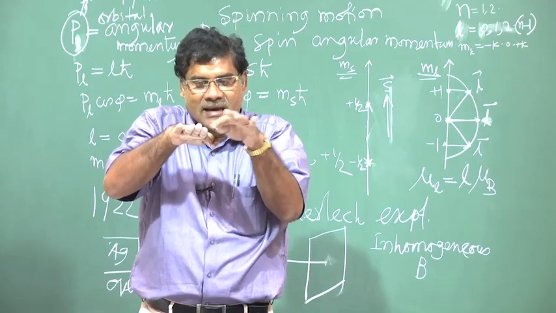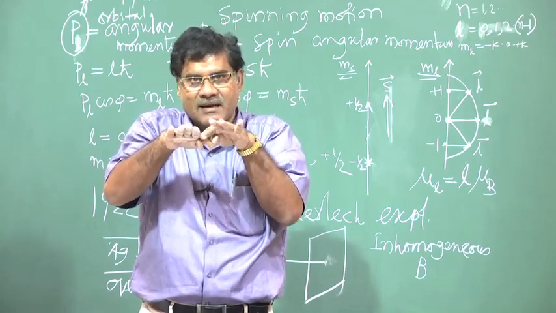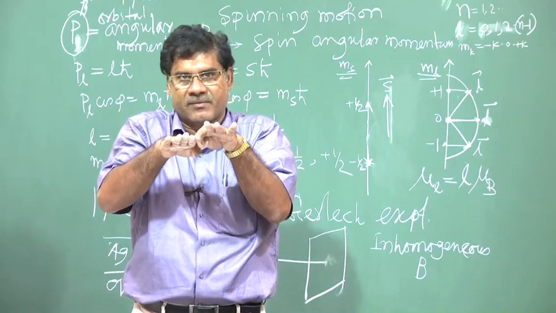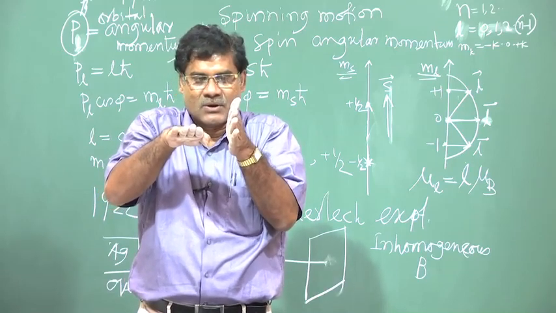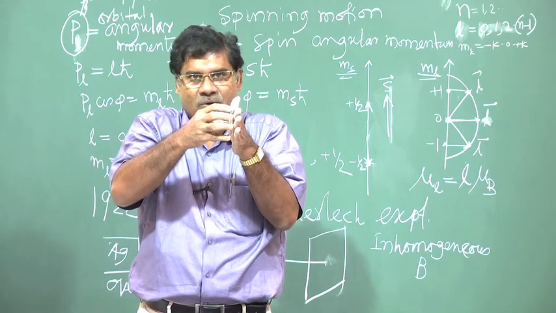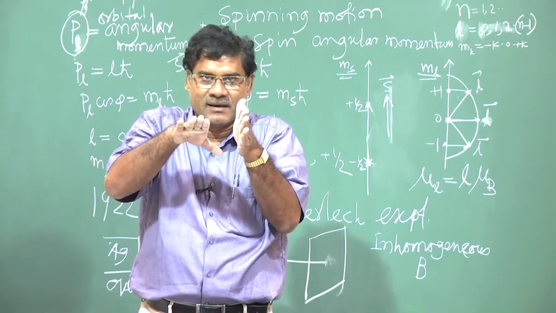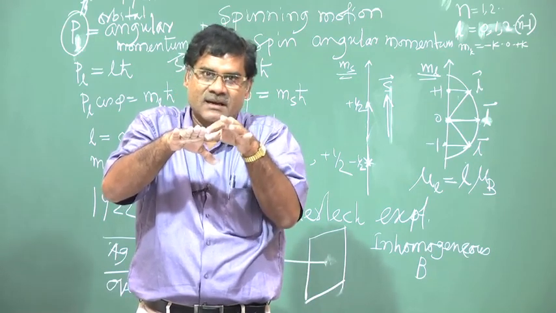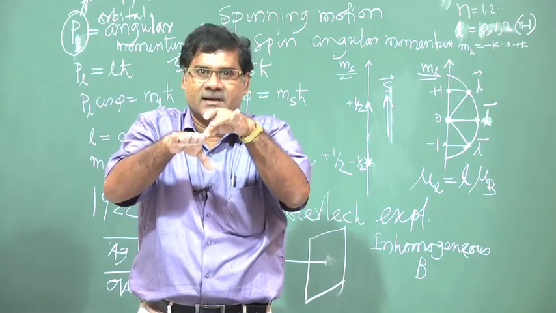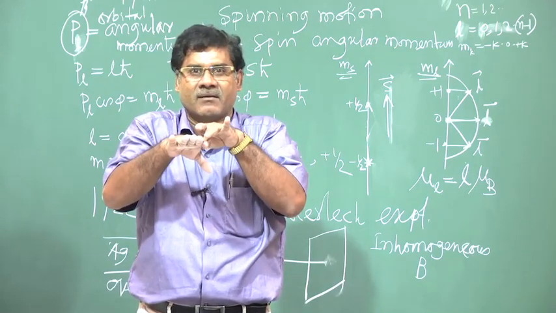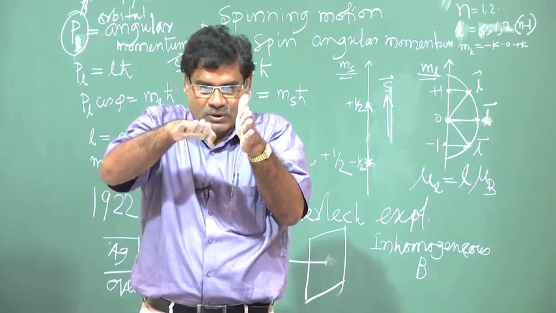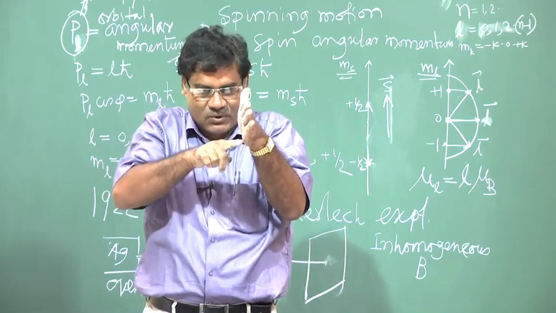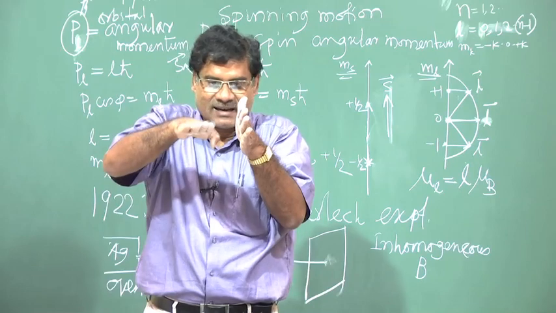Now the south pole has a small face area, right. So all lines of force will enter through this smaller area of the south pole. So basically all lines of force will condense along this.